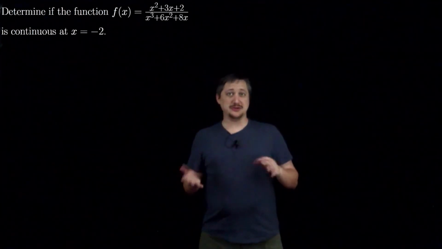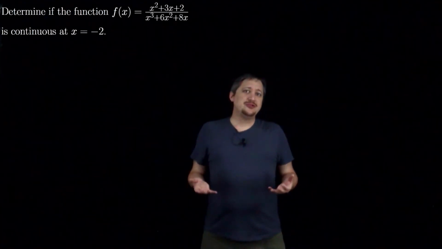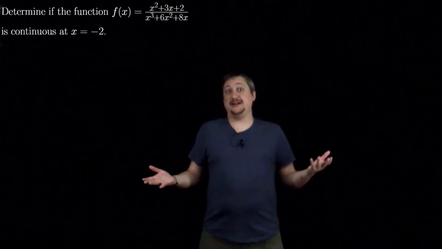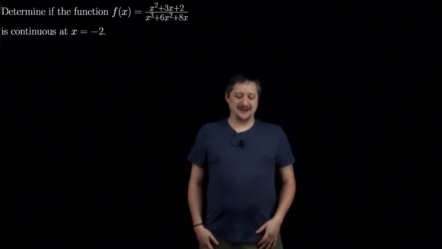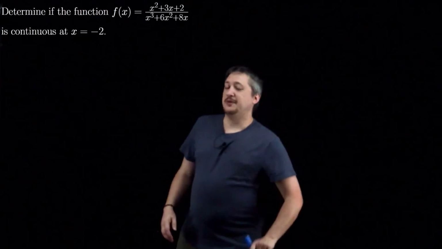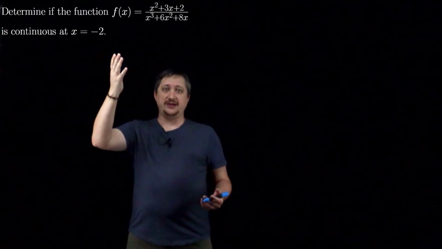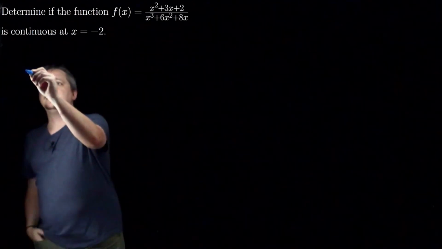I typically like to do it the other way around because it's usually pretty easy to figure out whether a function exists at a point, because we can just plug it in and see if it's well defined. So for my function here, I'm basically going to start by checking that.